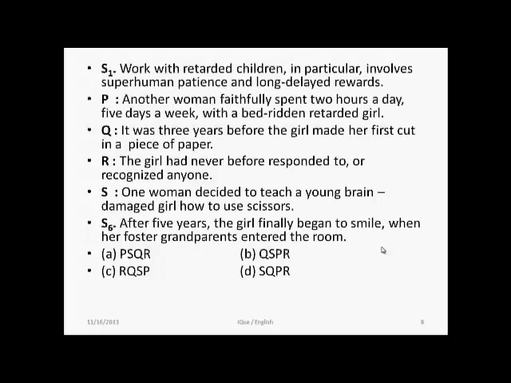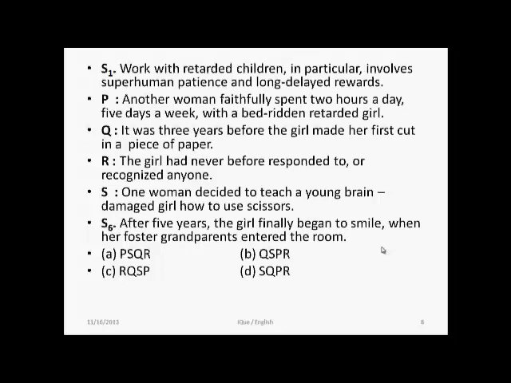Now, we can quickly see that both statements Q and S talk about a girl who is learning how to cut a piece of paper. So Q and S have to be together, and we also know that these two should be in the sequence of first S and then Q, because first you teach a young girl and then she learns the taught skill.